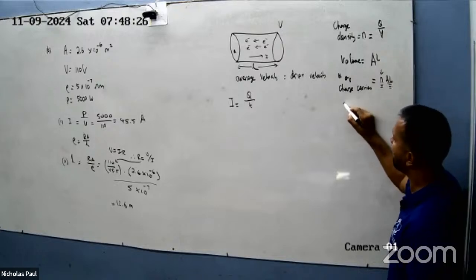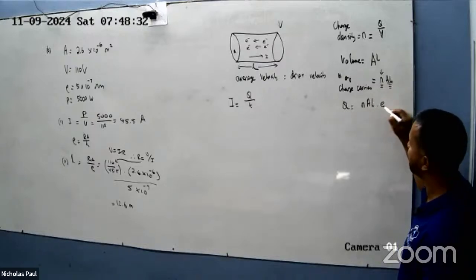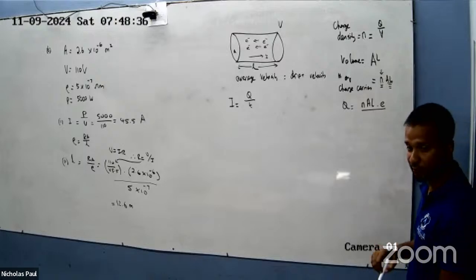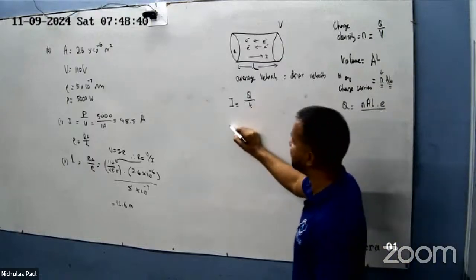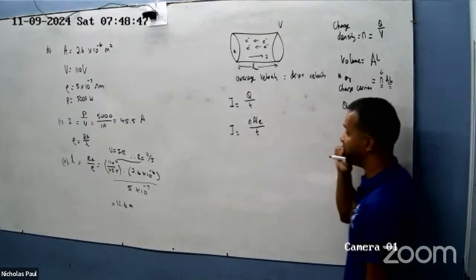And then if I want to get Q, I'm going to multiply the number of electrons by the charge of one electron, and this will give me the overall charge. Okay? So if this is the overall charge, I can say that the current is equal to nALe divided by t.